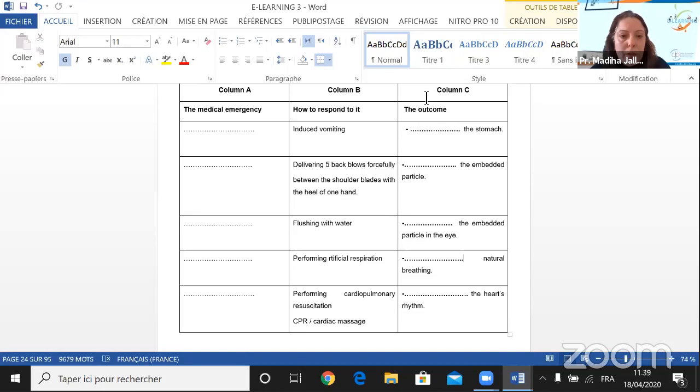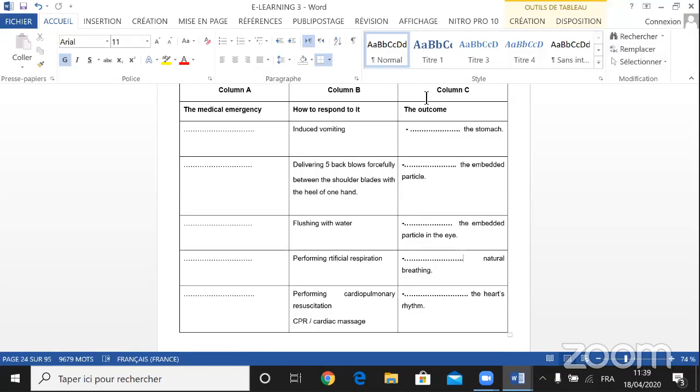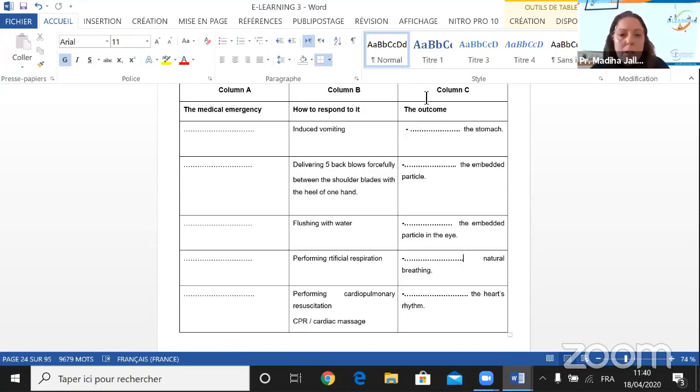Here you have delivering 5 back blows forcibly between the shoulder blades with the heel of one hand. Here, this is your response to which medical emergency? Cardiac arrest. Back blows. Huh? Choking.